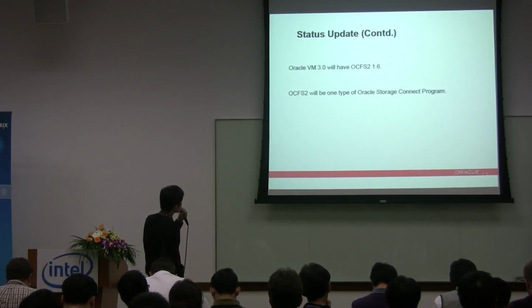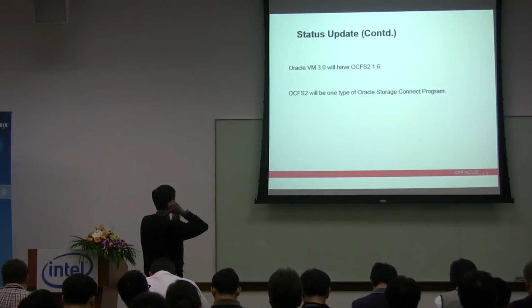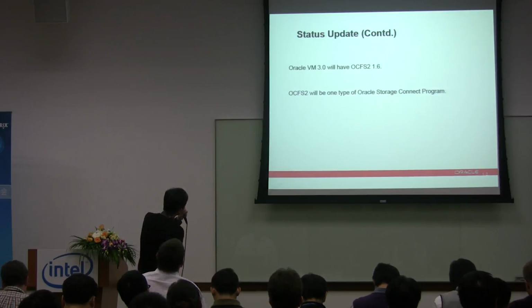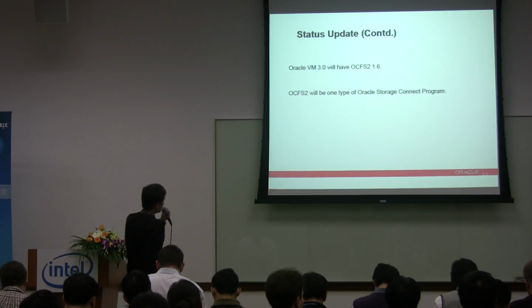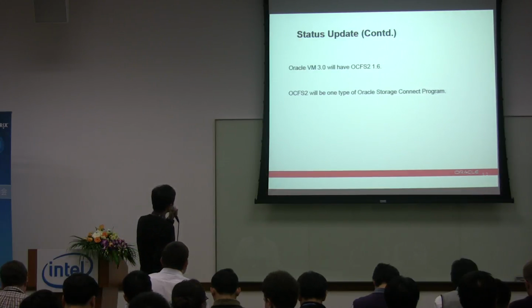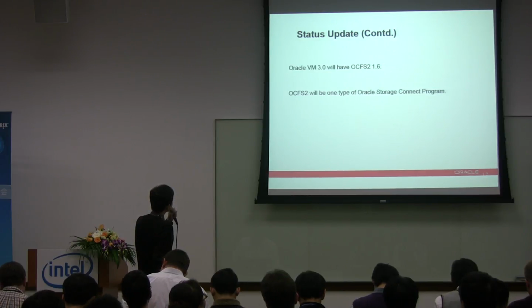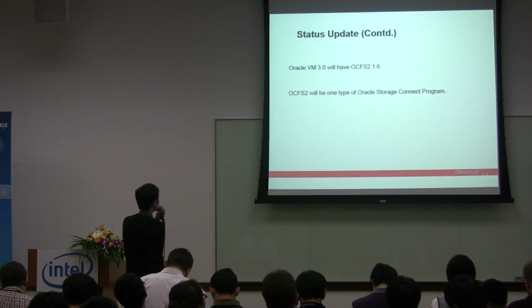Oracle Storage Connect is a program which Oracle just announced at Oracle OpenWorld this October. It facilitates Oracle VM users to use different storage types without needing to configure too many things. So OCFS2 will be one of these types, and it will be much easier for the user to use it.